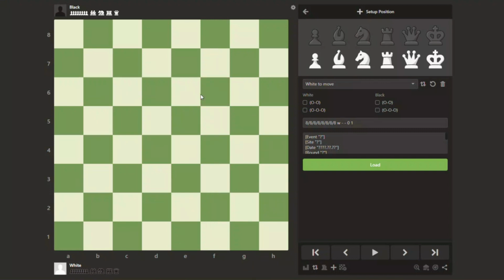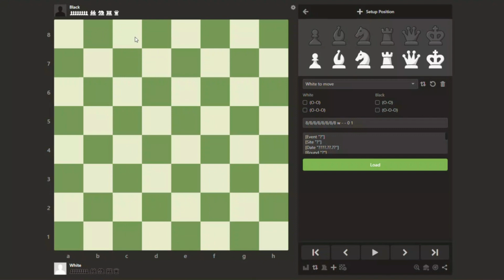So this square is called F6. Now let's say this one. Now you can pause the video and think for the answer. This square name is C8.